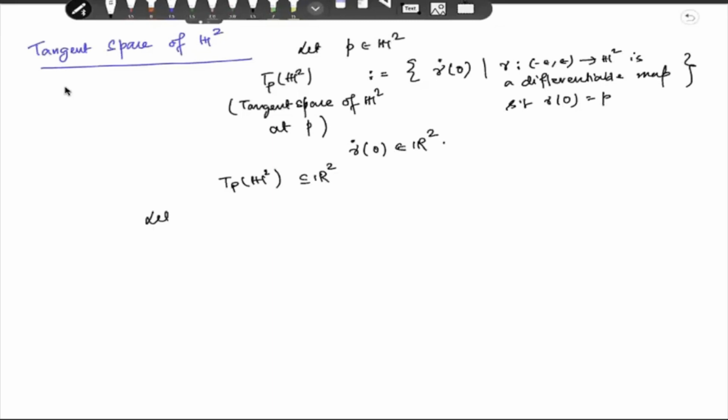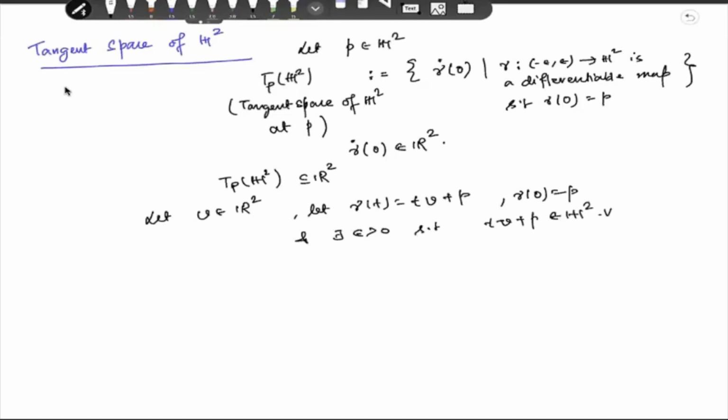And now if I take any vector, so let V belong to R2, and if I consider this path gamma t equals tV plus P, here gamma 0 is equal to P. And note that there exists epsilon greater than 0 such that the image of gamma t, that is tV plus P, belongs to H2 for all t in the interval minus epsilon to epsilon.